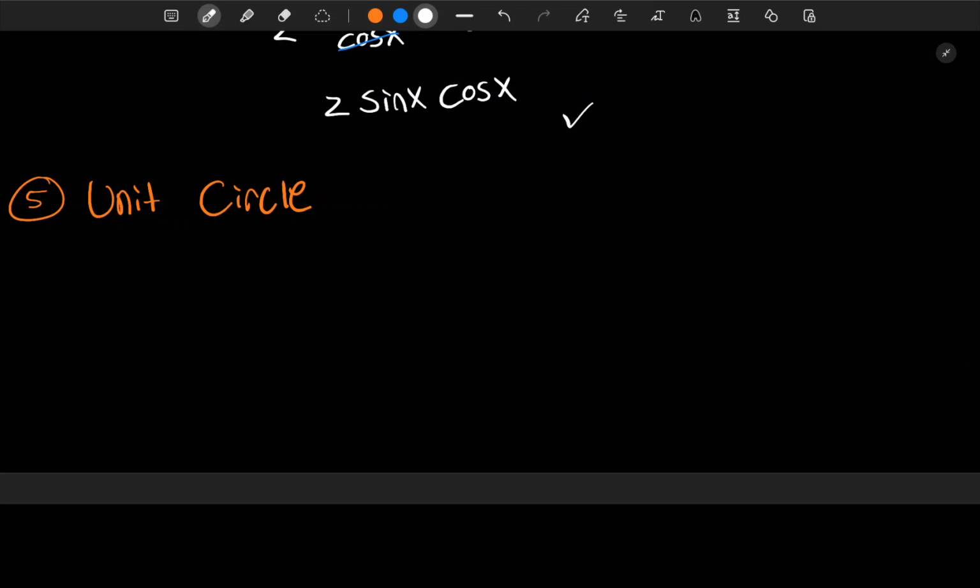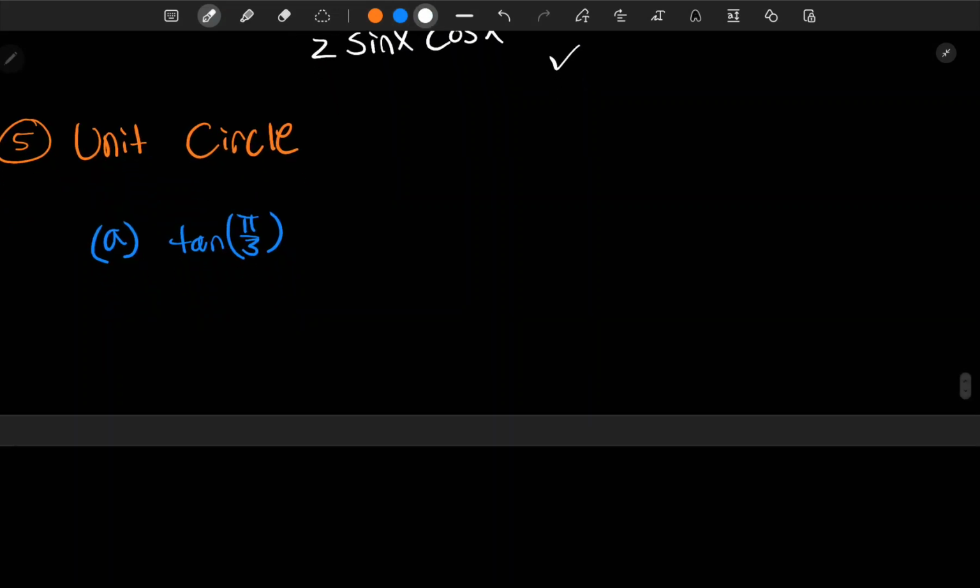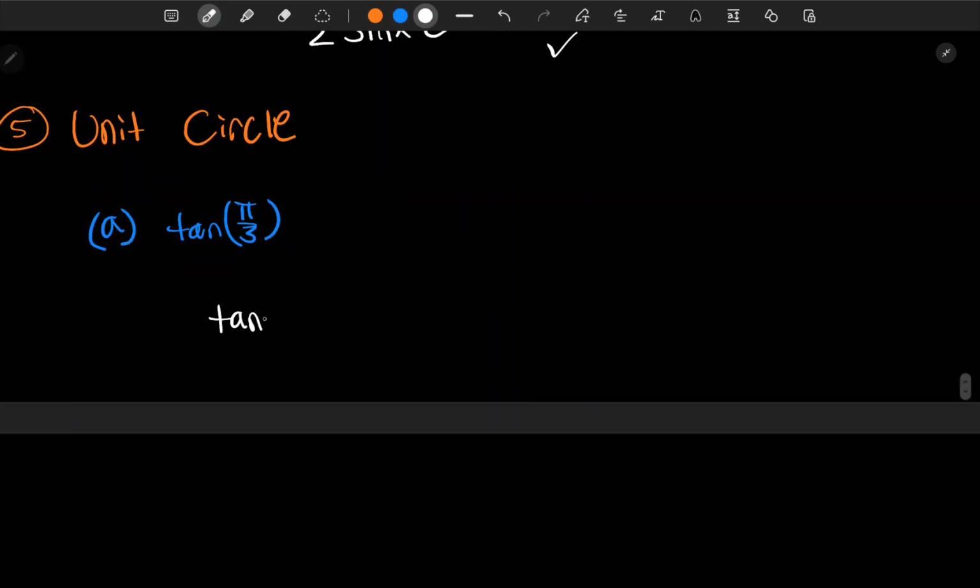So, one example might be, what is tangent of pi over 3? Well, we can break it down. We know tangent of pi over 3 is equal to sine of pi over 3 divided by cosine pi over 3.